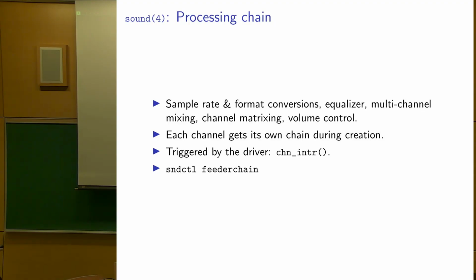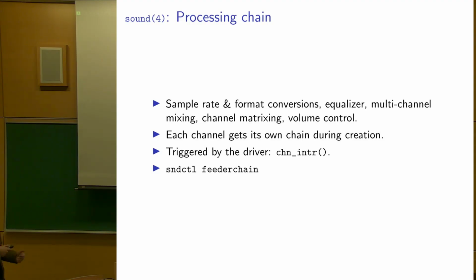Each channel has its own processing chain when it's created. It's not a global chain for everyone. Let's say that for one channel, we just need resampling. That's it. We don't need anything else. So this channel will just get the resampling part of the chain. Other channels may need matrixing, so they will get just the matrixing. Other channels need all of that. So we give each channel their own processing chain, and this whole thing is triggered by the driver.